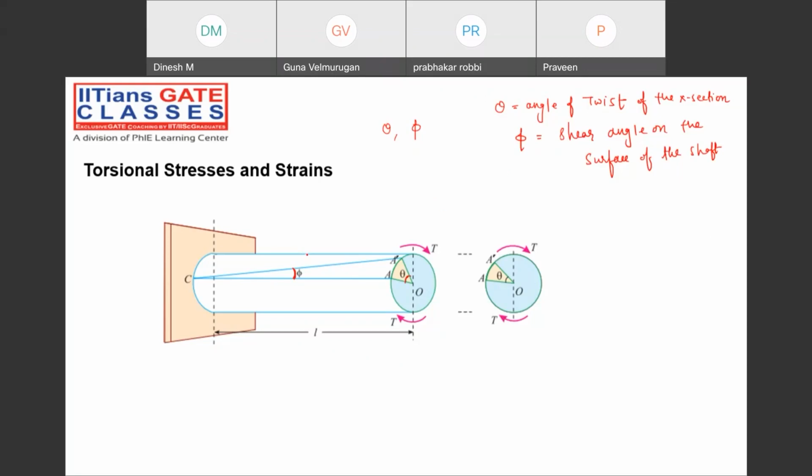I'm going to take one more section, one more circle, something like this. Let me not confuse you; I can take it somewhere else also.